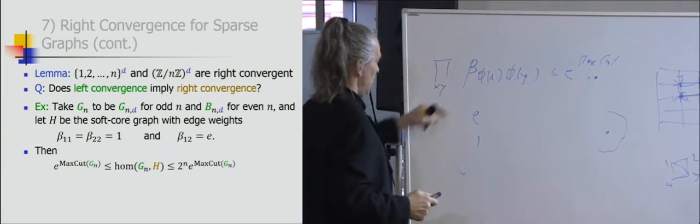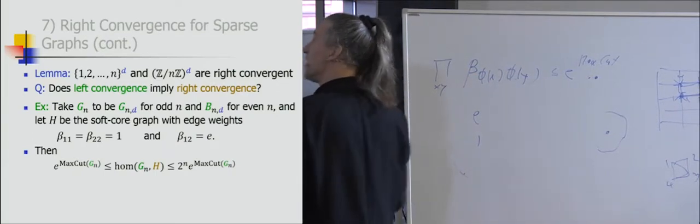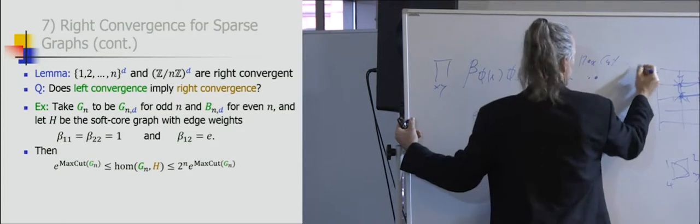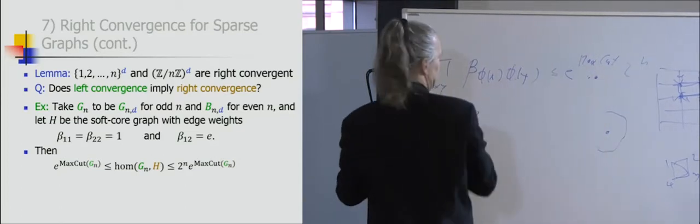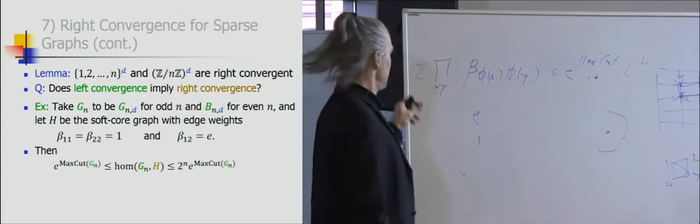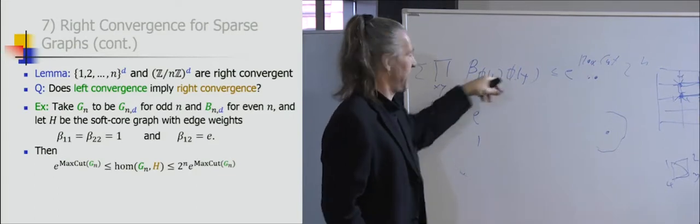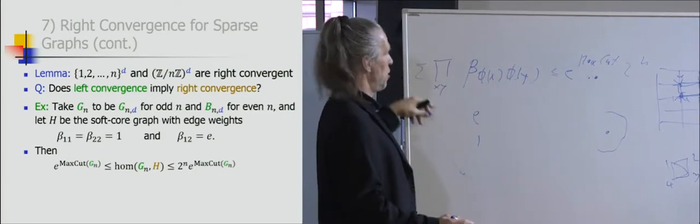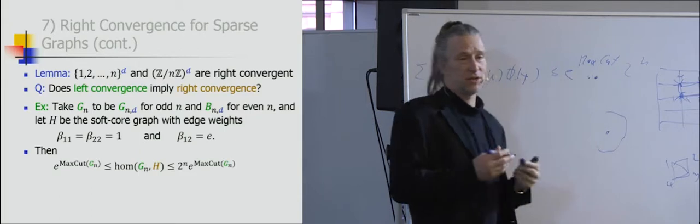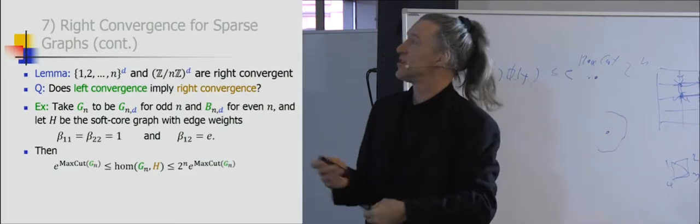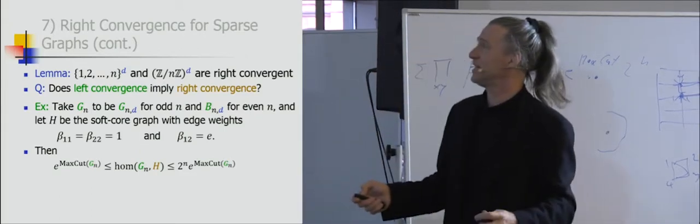And then you have at most 2 to the n terms. So if I sum over all of these, I have 2 to the n terms. And there is at least one term where I get the max cut, so therefore I have a lower bound of e to the max cut without the 2 to the n. So that's your bound here.